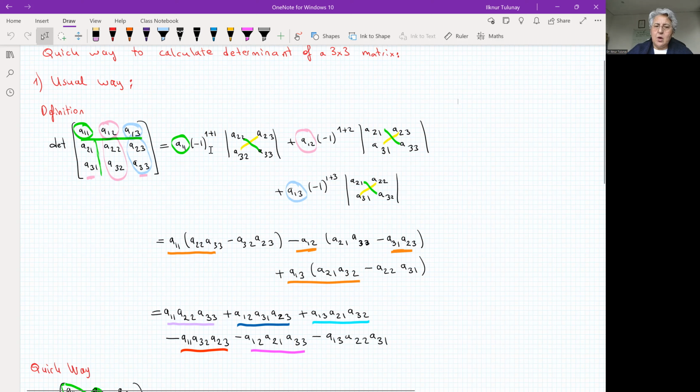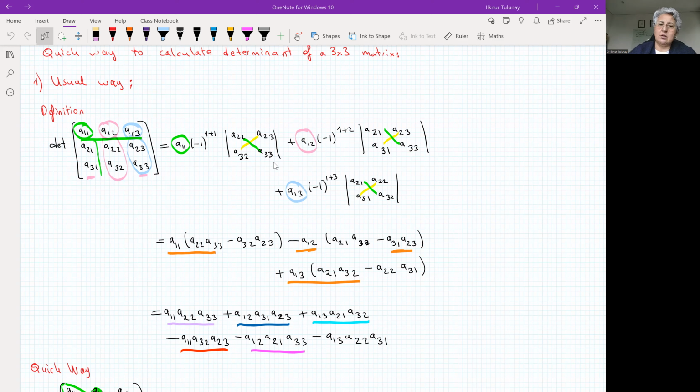So we say -1 to the power of 1 plus 1, the row index plus the column index. Then you visualize that you're removing the first row and the first column, and you're left with a minor matrix here: A22, A32, A23, A33. And then we calculate the determinant of that.